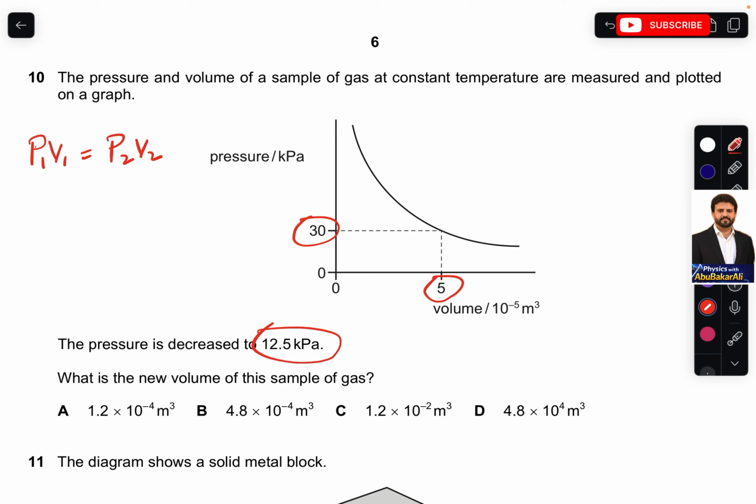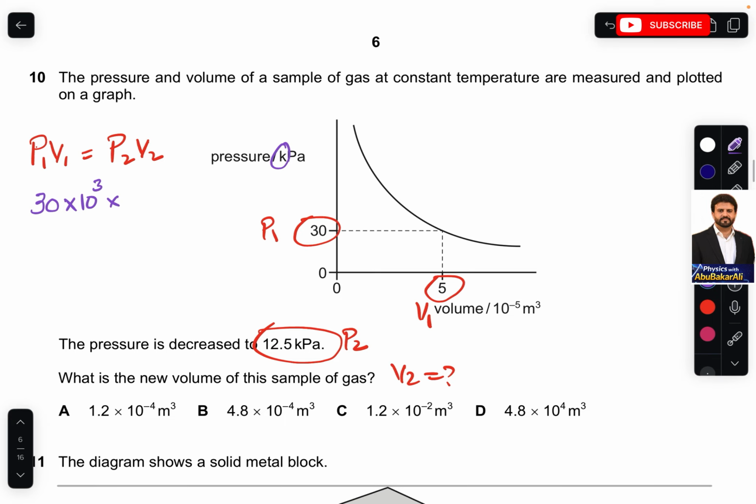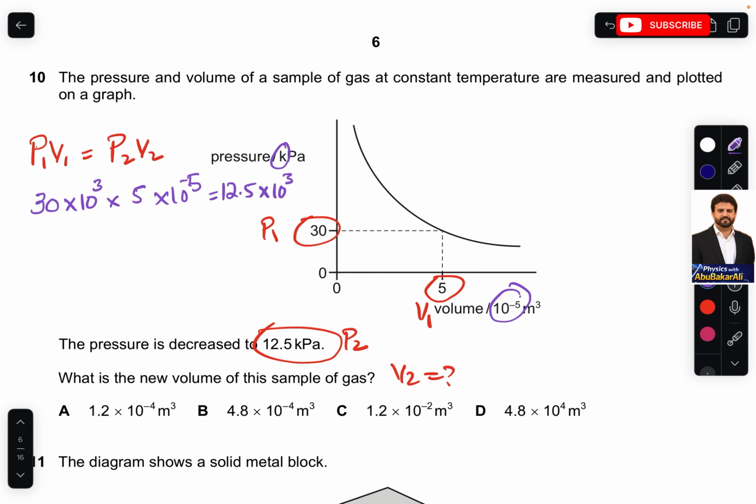So I can call this P1, this V1, and this P2. I have to find V2. So P1 is 30 kilopascals, and volume is 5, and there is a power as well. Don't miss this part: 10 to the power minus 5. That equals P2, which is 12.5 kilopascal, times V2.